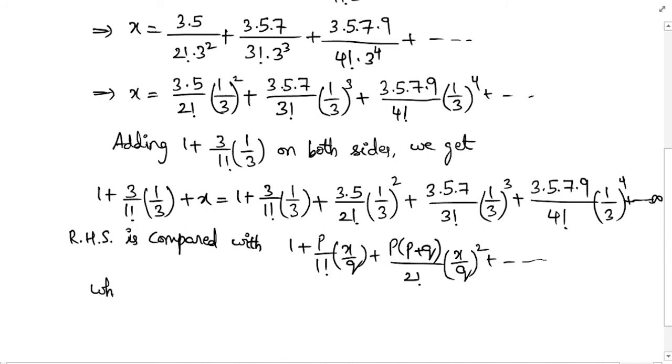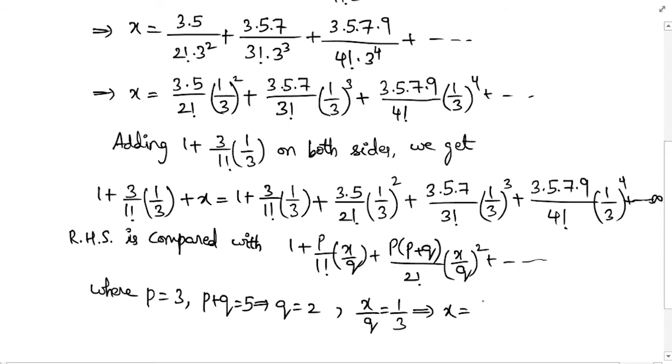So when we compare it, we get the p value as 3, and p plus q is equal to 5. That means q will be equal to 2, and x by q is equal to 1 by 3. So that implies x is equal to 2 by 3.